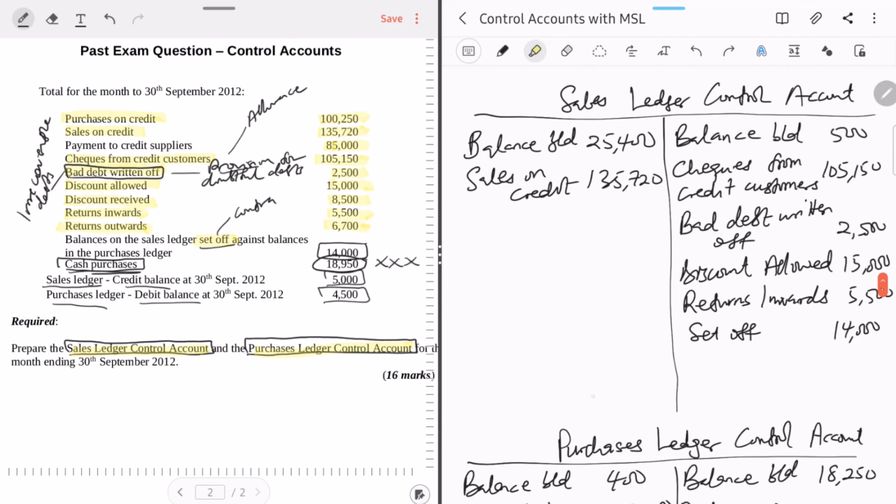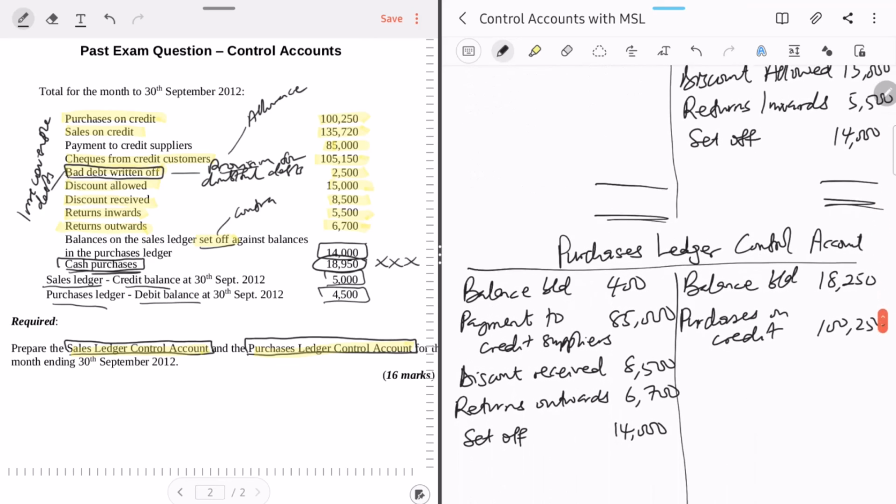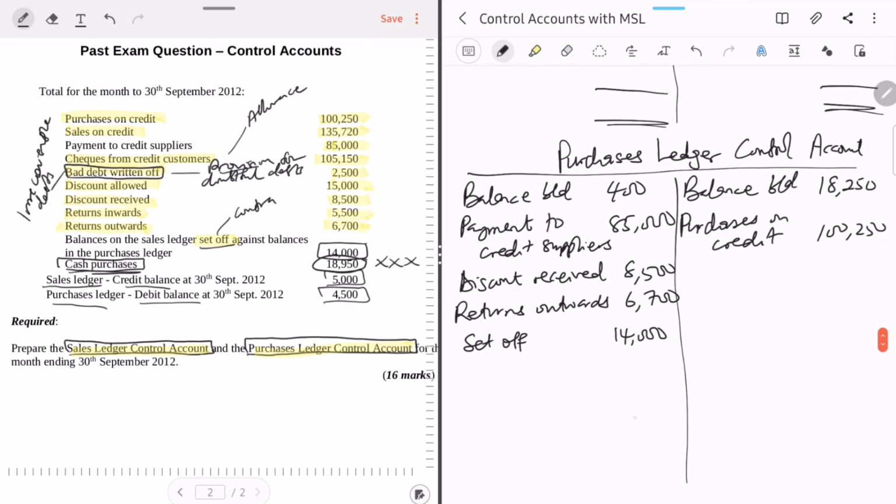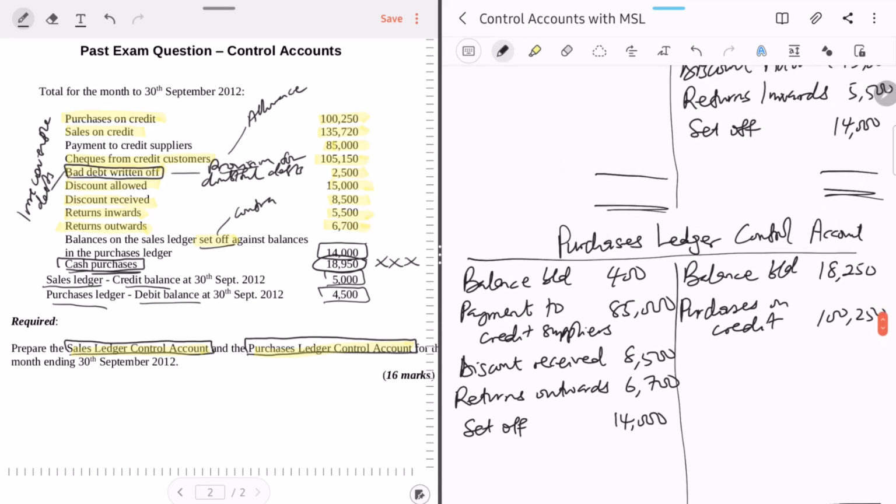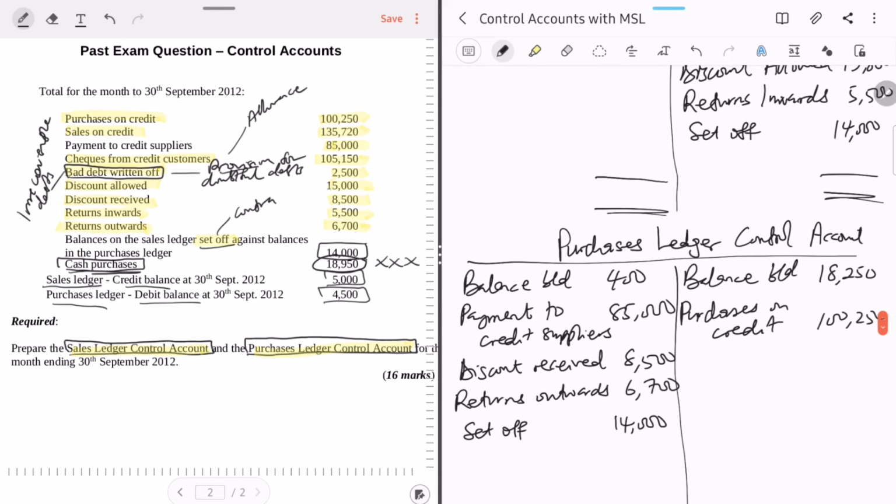So close your accounts like so. Okay. They are saying for the sales ledger control account, credit balance is 5,000 at the end of the month.